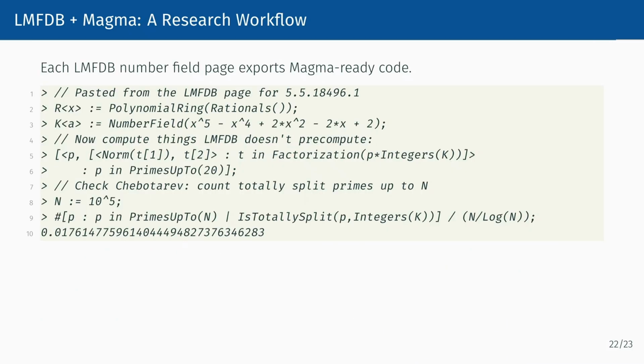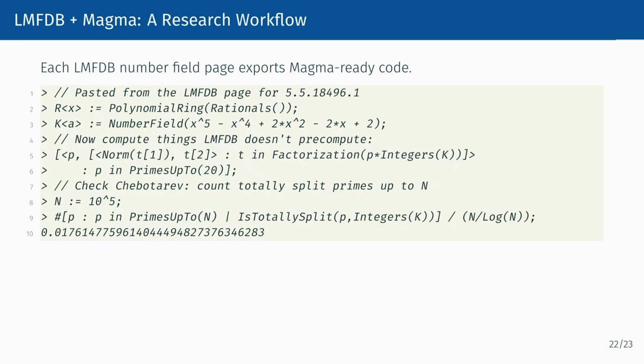Here's an example of how you can use both Magma and the LMFDB to do some research. So here we talked about how primes factor in number fields. And suppose you want to investigate this distribution. The LMFDB pages give you Magma code. So for example, here, this Magma code was just pasted from the LMFDB page for some degree 5 extension.